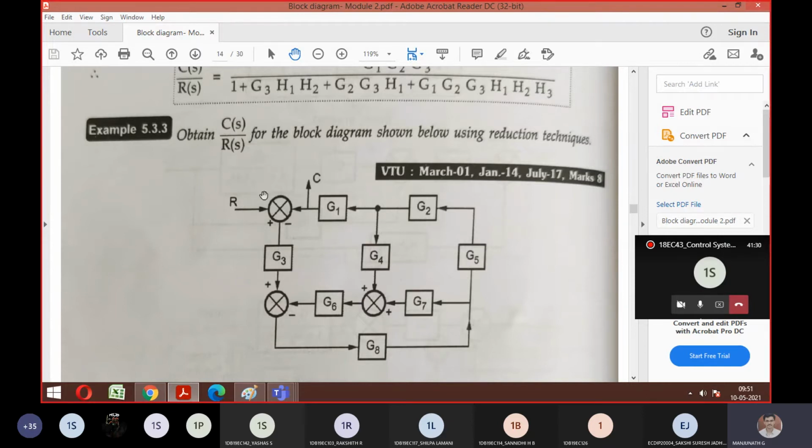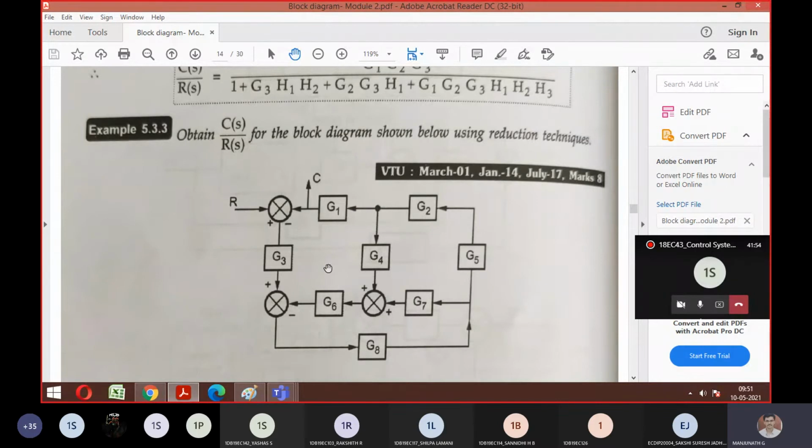So what can be done for this problem to be solved? If you face such problems in the exam, what procedure are you supposed to follow? You should trace input and output, and you should trace the feedback paths along with the forward paths.